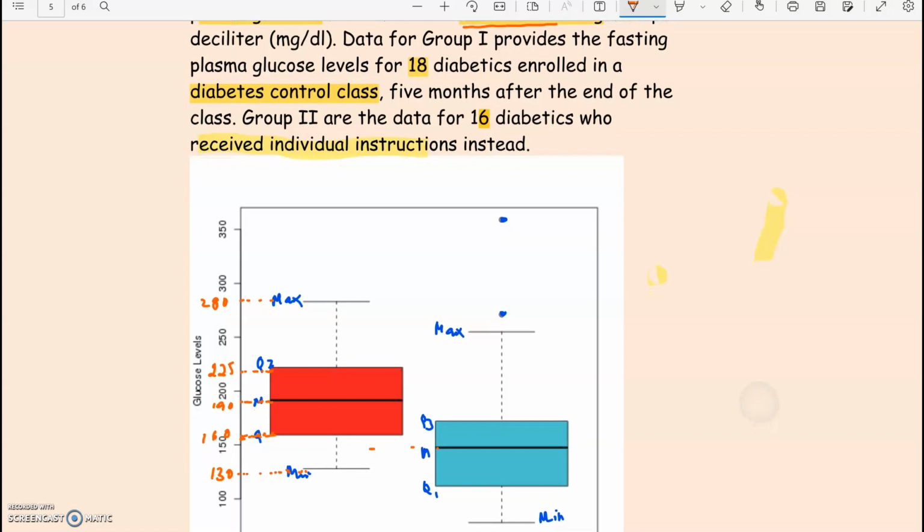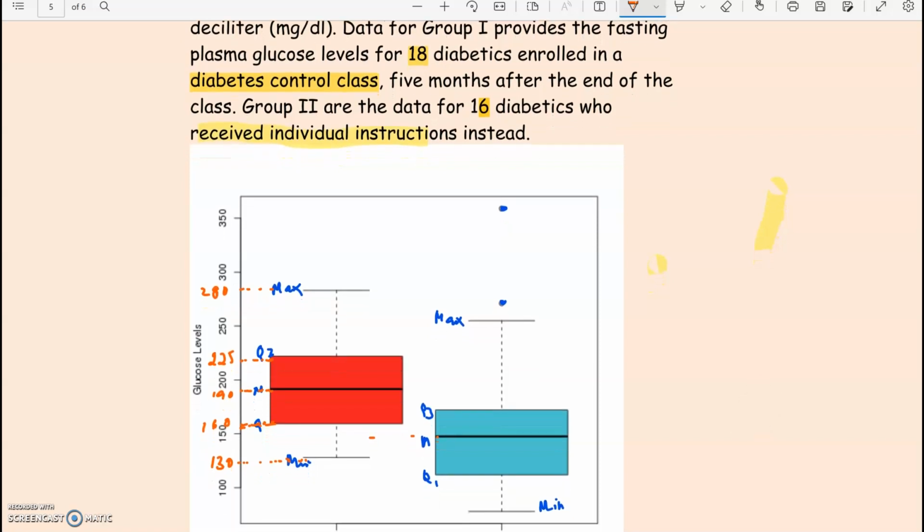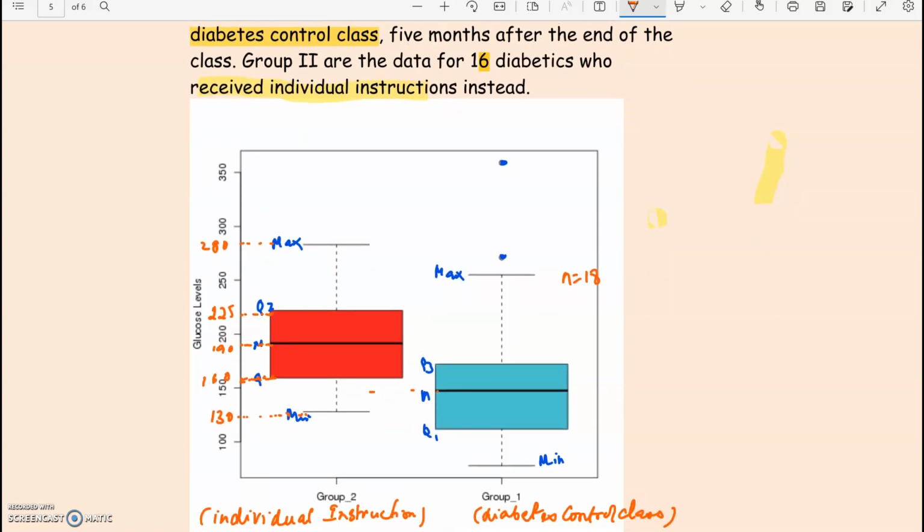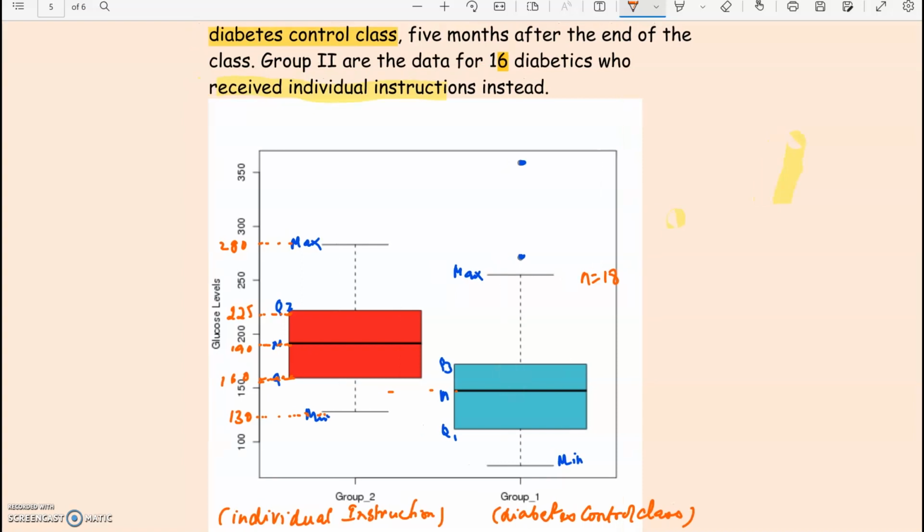Group 1 has n equals 18, and what they get is a diabetes control class that they have to attend. And group 2, that has n equals 16 diabetics, they just receive individual instructions, something like what our primary care physicians would advise us if we were diabetics.